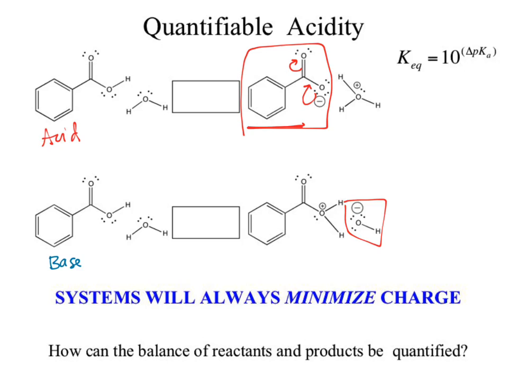We should recognize that we can draw a resonance structure for the top one. And again, where the focus needs to be is on the atom that's causing it to be charged. I don't really care about resonance within the benzene ring, because it's not affecting that negative charge.